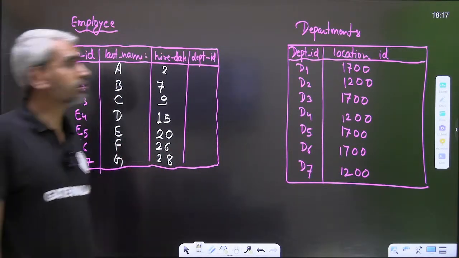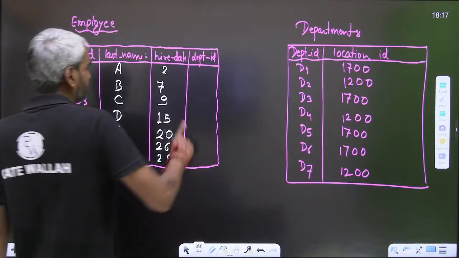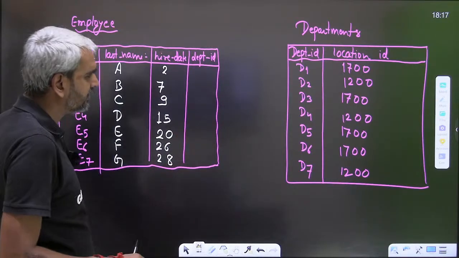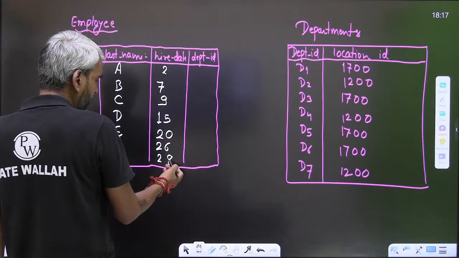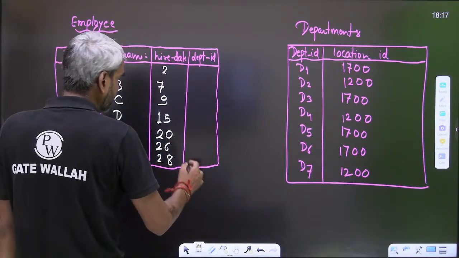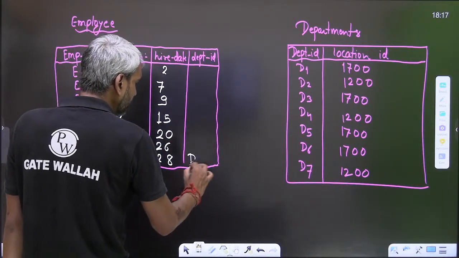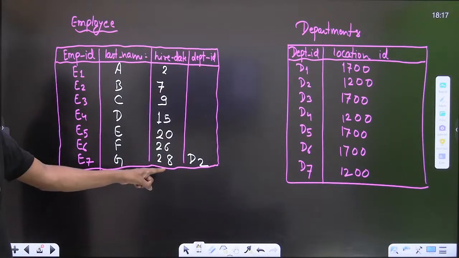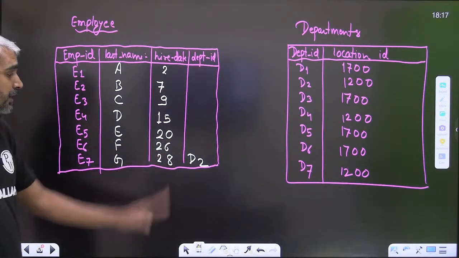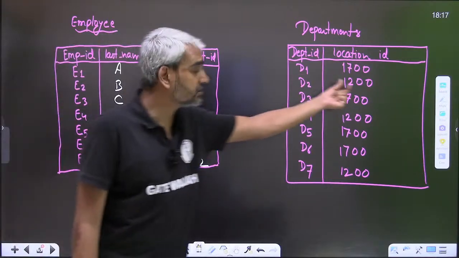Just to explain the concept, right? Department ID, sir, the latest hire date with respect to department. So this may be the maximum, but let's assume that this particular employee is not from department of 1700, so it should not get selected. Hire date is maximum, but the department ID is not at the location 1700.